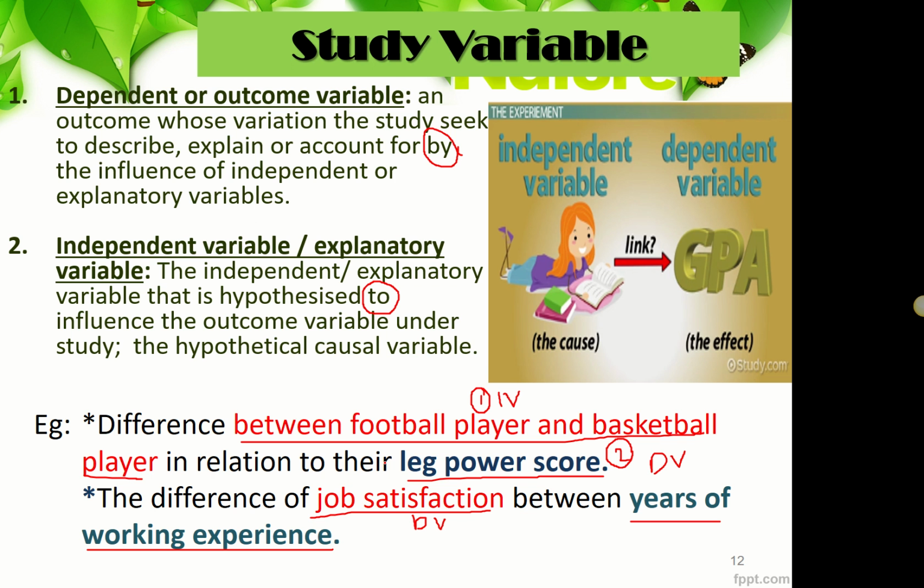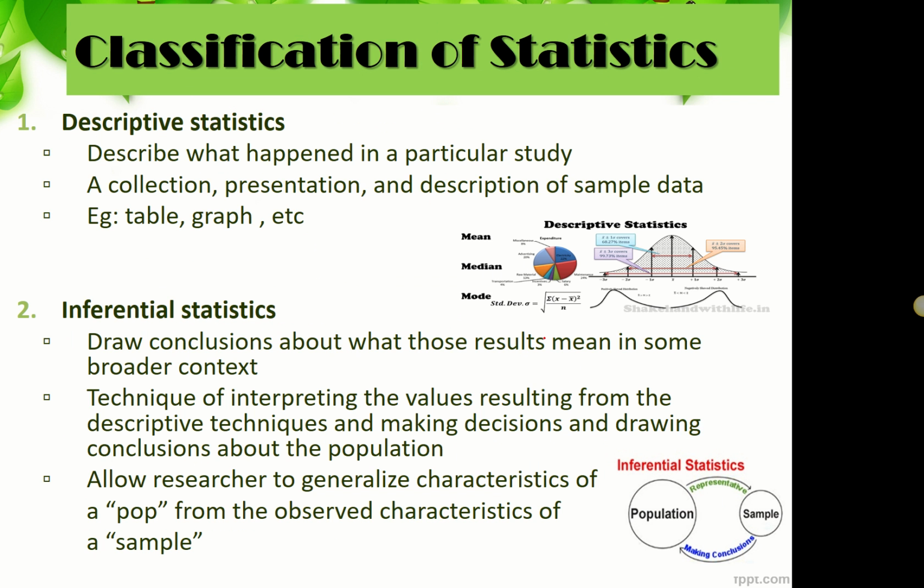Alright, now we proceed to the classification of statistics. In statistics, you will go in depth into two classifications: descriptive statistics and inferential statistics. When we talk about descriptive, descriptive means describe.